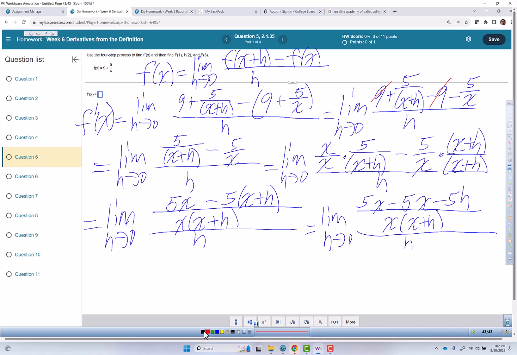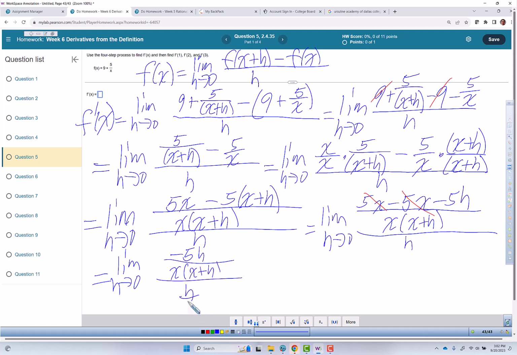Now we can simplify again. 5x minus 5x is 0, so we're left with the limit as h approaches 0 of negative 5h over x times x plus h all over h.